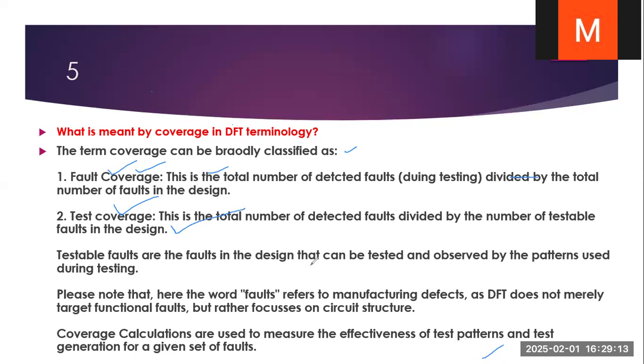Tested faults are the faults in the design that can be tested and observed by the patterns used during testing. Please note that here the word faults refers to manufacturing defects, as DFT does not merely target functional faults, but rather focuses on the circuit test. Coverage calculations are used to measure the effectiveness of the test patterns and test generation for the given set of faults.